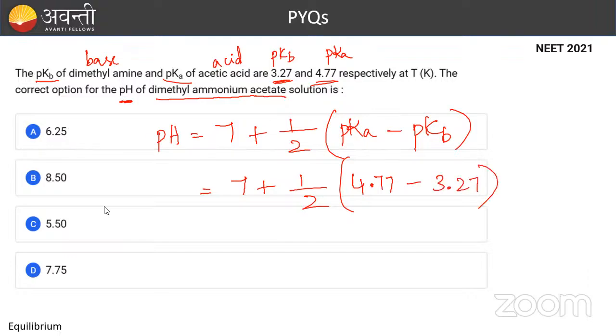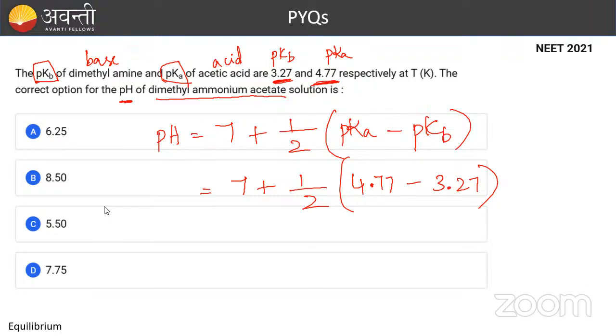You should be very careful in substituting. The first number 3.27 is for pKb. The second number is for pKa. If you substitute the other way around, like in place of pKa if you substitute 3.27, then you will end up with the wrong answer.